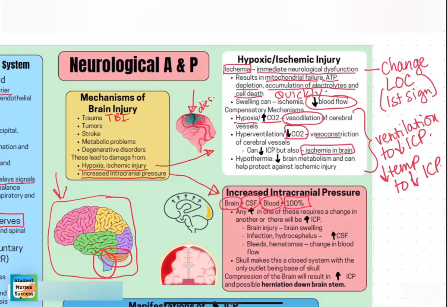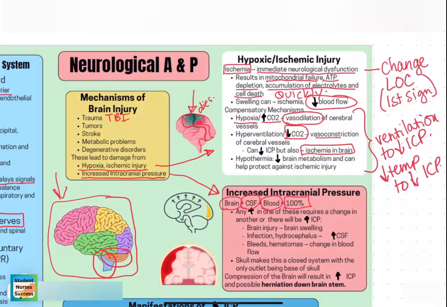The problem is a change in any one of these requires a change in the other. So if you have brain swelling because you've injured your brain, then we have to decrease either blood flow or cerebrospinal fluid. If you make too much cerebrospinal fluid because you have something like hydrocephalus, we have to decrease either blood supply or do something, or the brain is going to be squished.